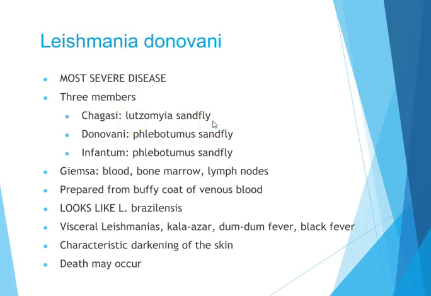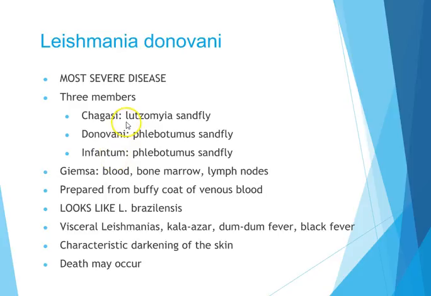Okay, Leishmania donovani complex. This is the most severe disease. There's 3 different members in this group, and the correct titles of these are Leishmania donovani chagasi, Leishmania donovani donovani, and Leishmania donovani infantum.